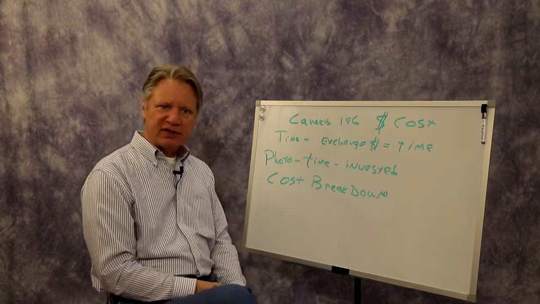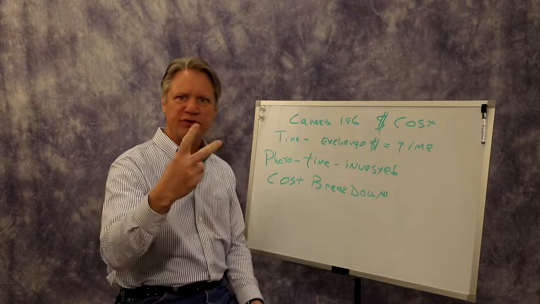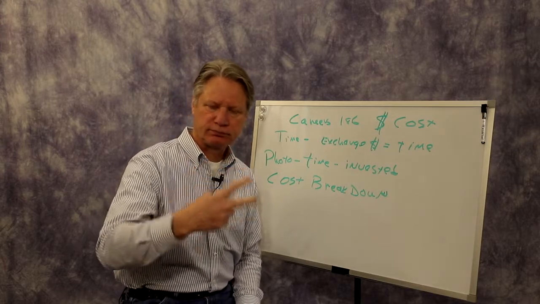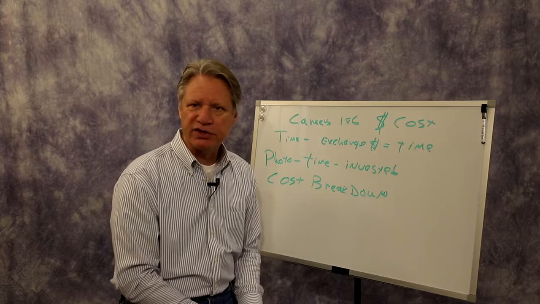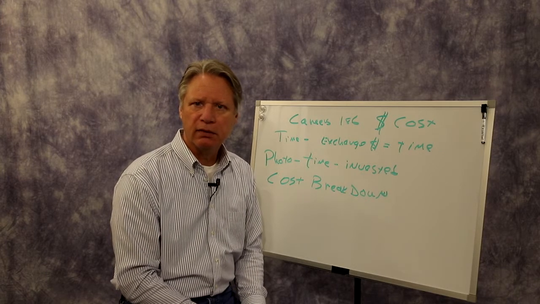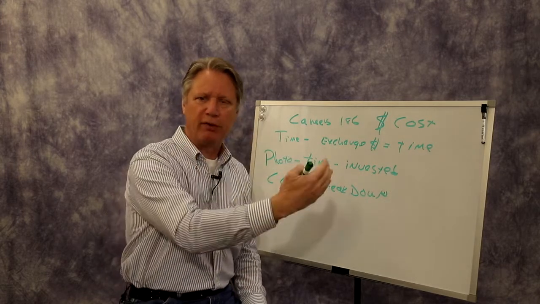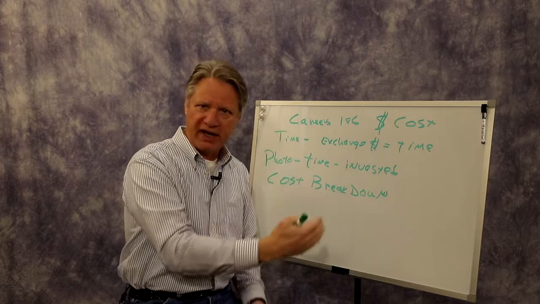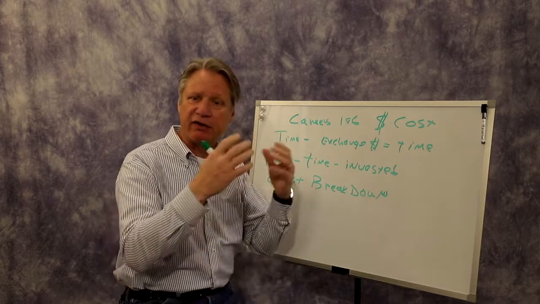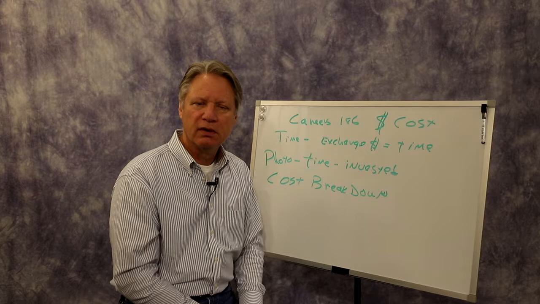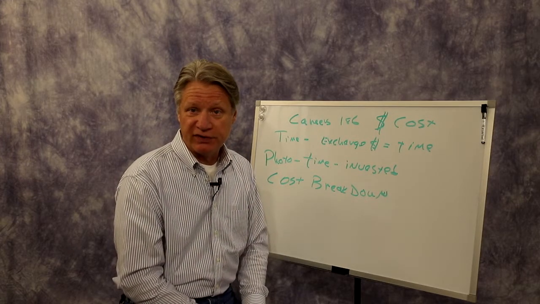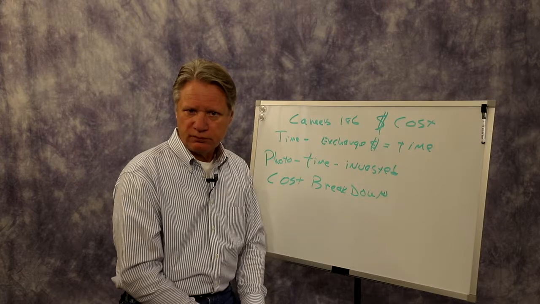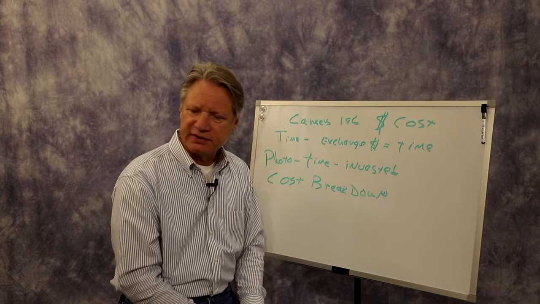Because the problem has become that you have two jobs now. Well, you actually have more than that. But back when we shot film, right, we took our film to the photo lab. And the photo lab handled all the processing and handled all the printing. So now you have to do that job as the digital photographer, unless you employ somebody, but that's expensive.